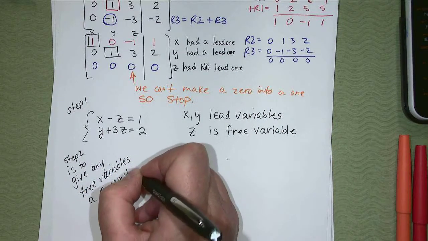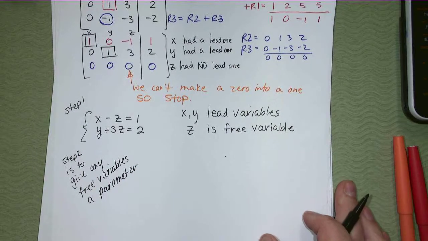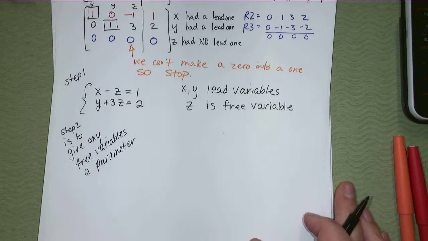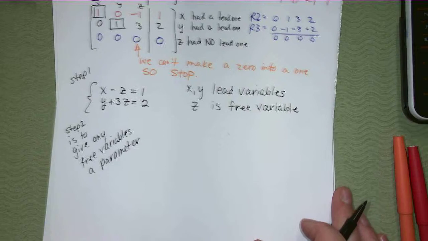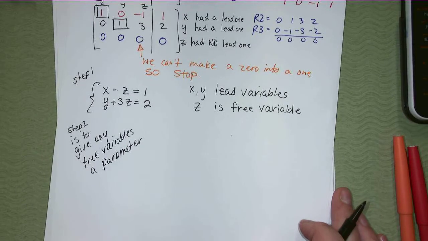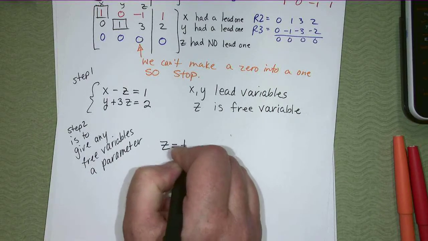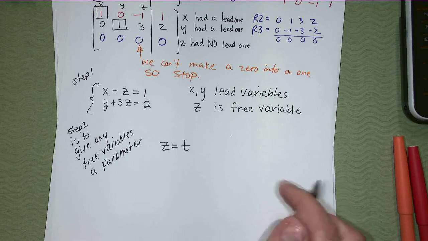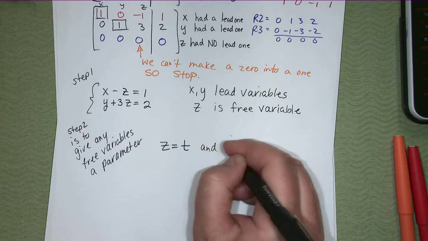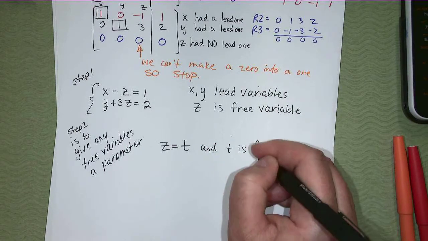A parameter is just another letter. We would usually say t. So we'd say z is t, and t is free to be any number.